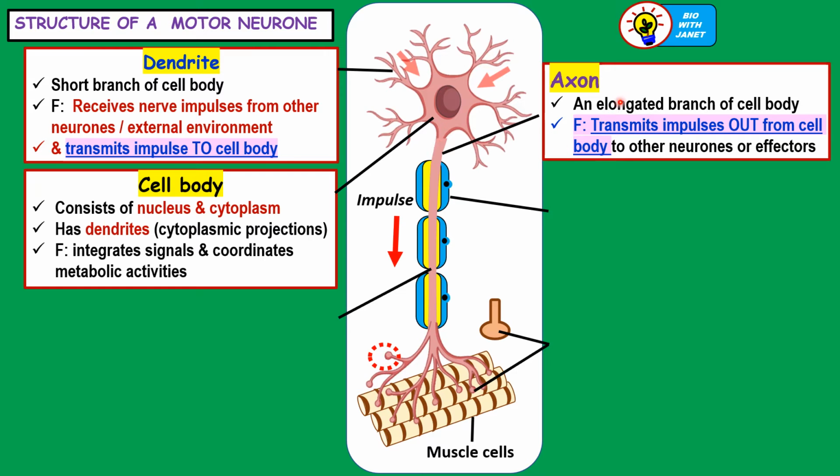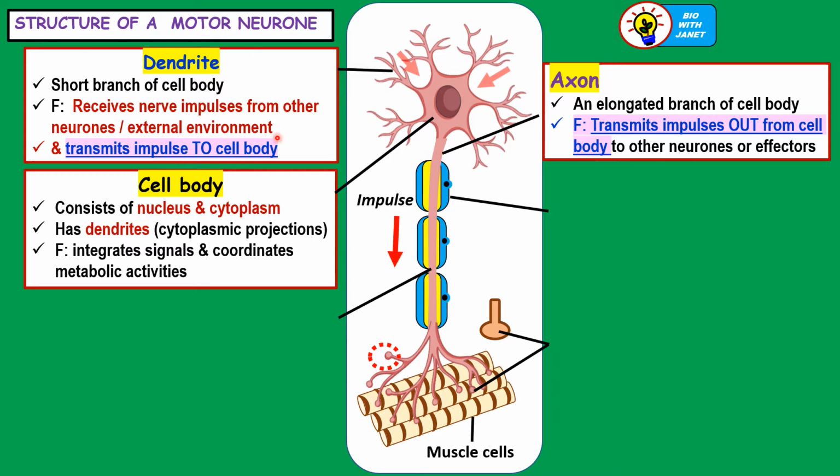An axon is an elongated branch of the cell body, and its function is to transmit impulses out from the cell body, away from the cell body, to other neurons or to effectors like muscles. So the axon is different from the dendrite.